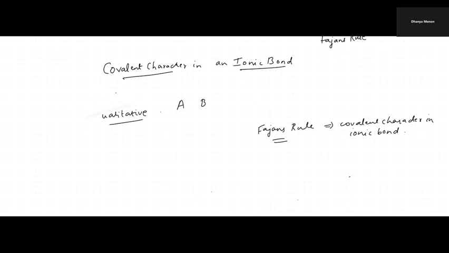So Fajans rule tells us the amount of covalent character in ionic bond. That is the objective of today's lesson, Fajans rule.